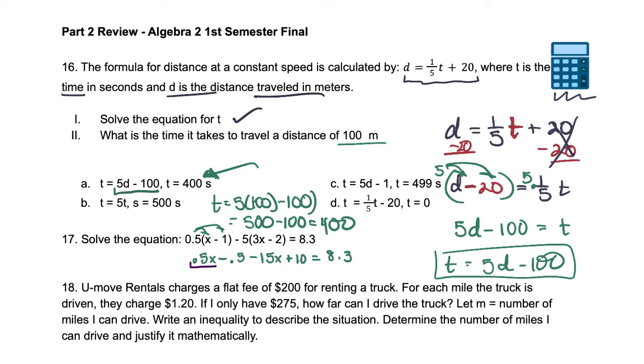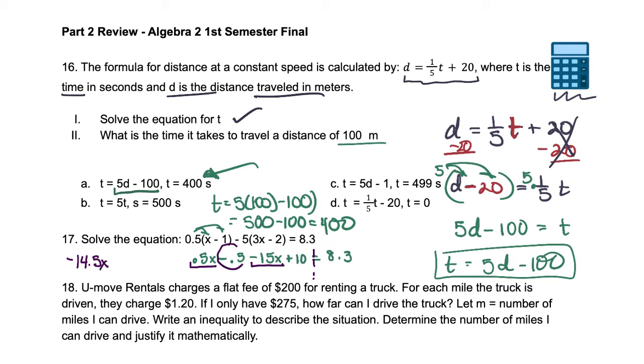So here's a 0.5x minus 15x. Now they're both on the same side of the equal sign, so you just add those two together. 0.5 minus 15, so that's negative 14.5x.